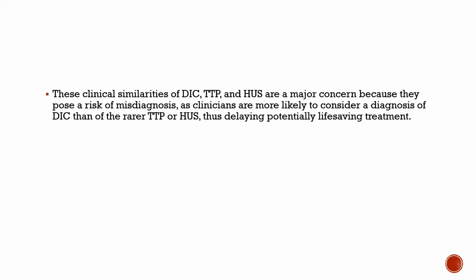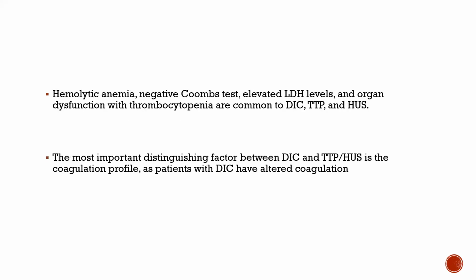These clinical similarities of DIC, TTP, and HUS are a major concern because they pose the risk of misdiagnosis, as clinicians are more likely to consider the diagnosis of DIC rather than rare TTP or HUS, thus delaying potentially life-saving treatment.